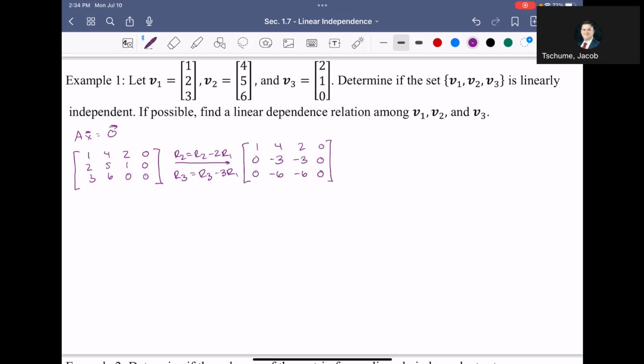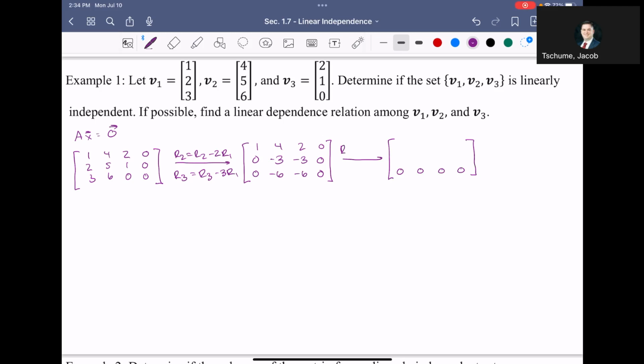Two things here, and I think we actually saw this at the very end of the last video. In this example, row 2 and row 3 are multiples of each other. You can multiply row 2 by 2 and you will have row 3. So remember, when that happens, you let the bottom of those rows become all zeros. So I'm going to let the bottom row become all zeros.